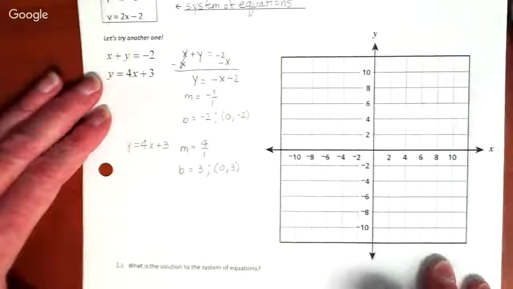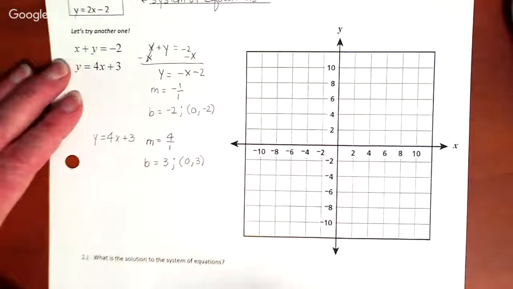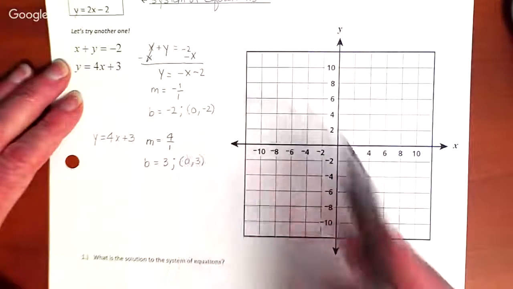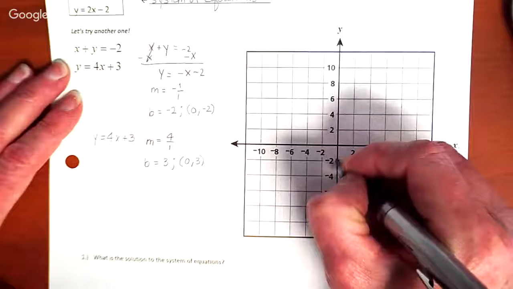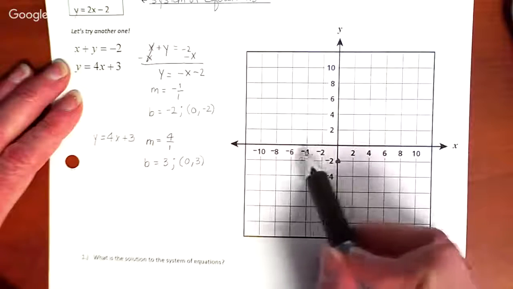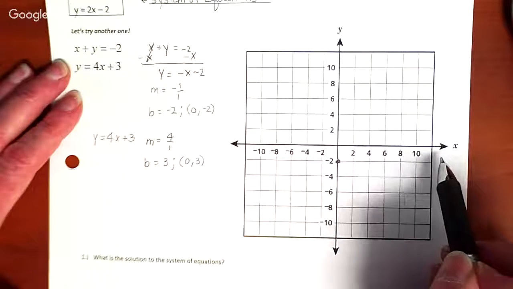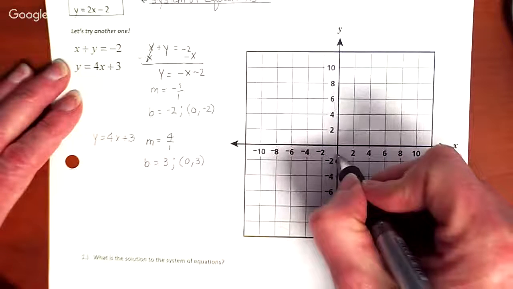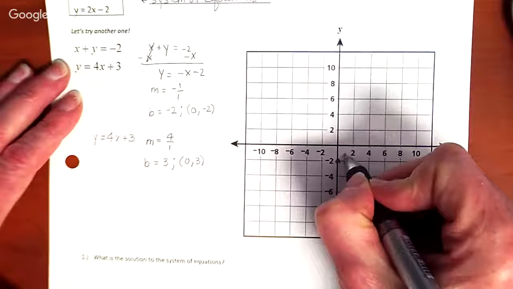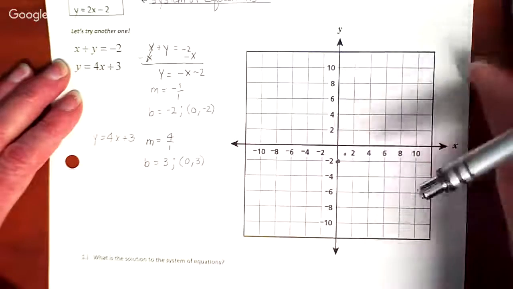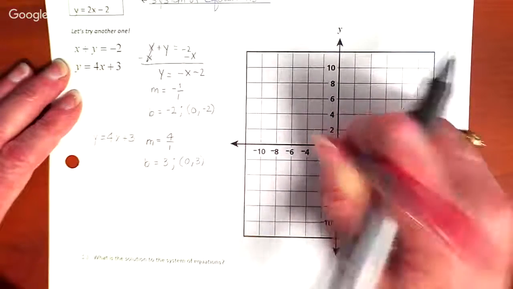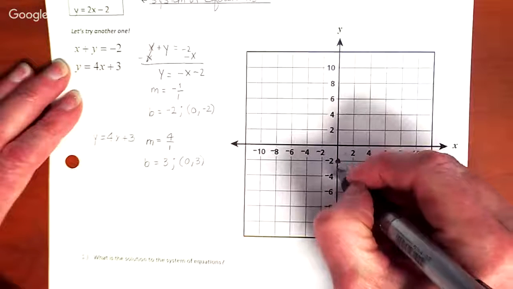So now we are going to graph these. I'm going to graph this one first. So we have 0 and negative 2. But notice our graph goes by 2's. So we're going to go up 1 and over 1, which will be right in the middle here. And, sorry, it's negative, so it goes down. So down 1 and over 1.